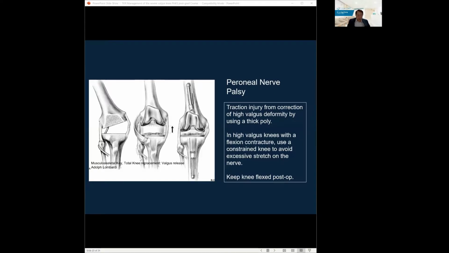So in such a scenario, again, it will be prudent to then use a constrained condylar knee to hold the gaps stable using the constrained post instead of trying to balance against that non-functional medial collateral ligament.